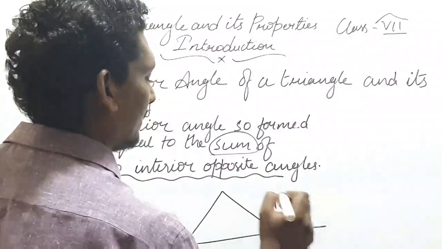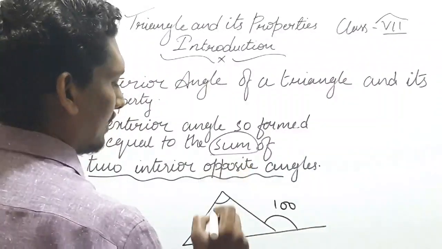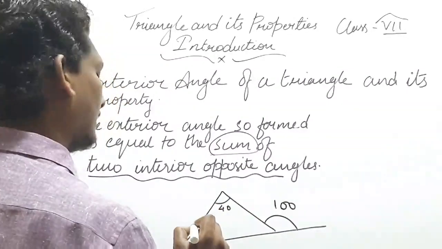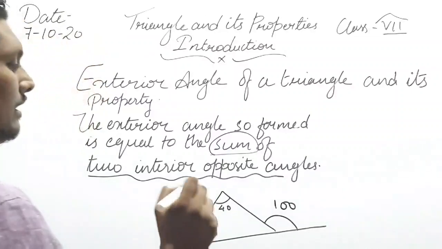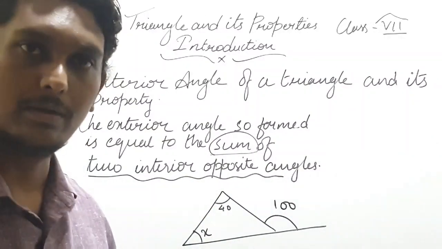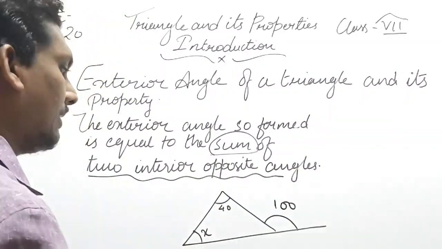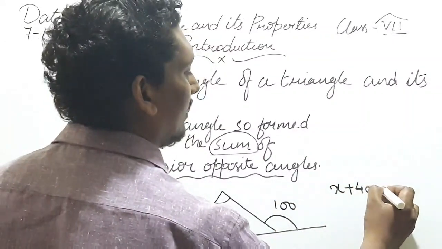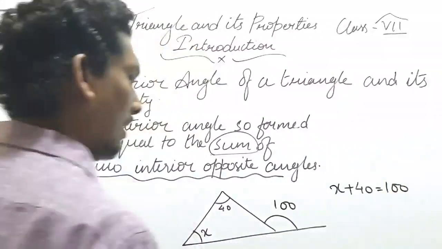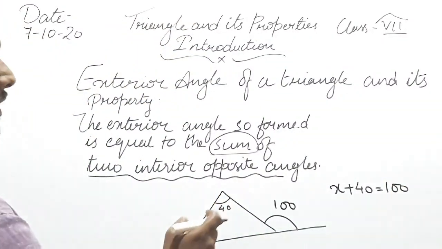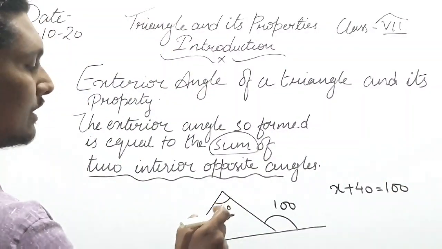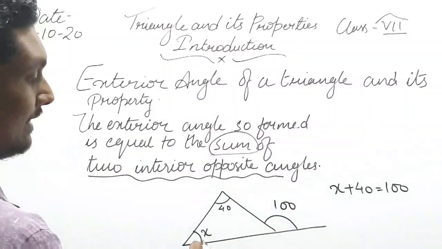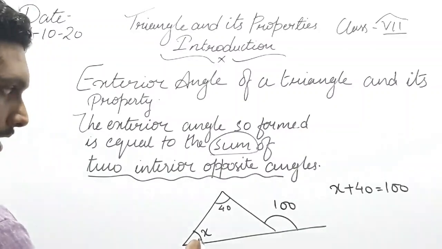Suppose this is 100, one angle is given here, that is 40, and this x is not given. So how to find this one? x plus 40 gives 100. Exterior angle is the sum of the interior opposite angles. When you add these two, you get the exterior angle. So here we have to find the interior angle in this case.